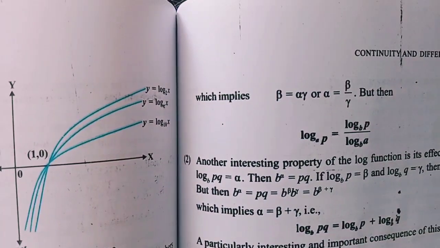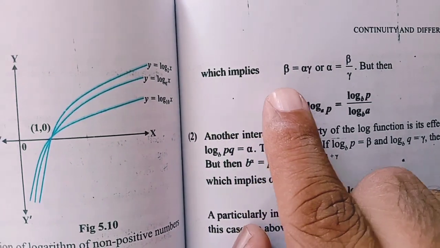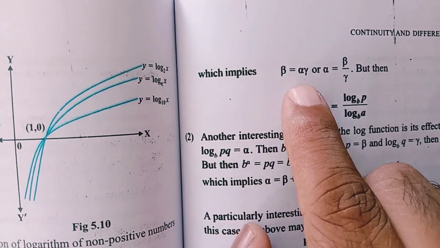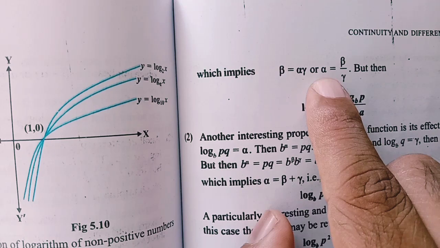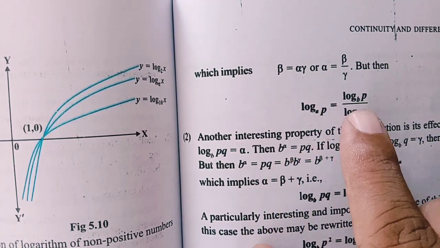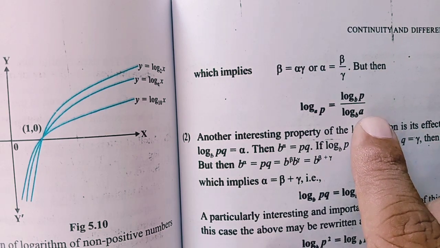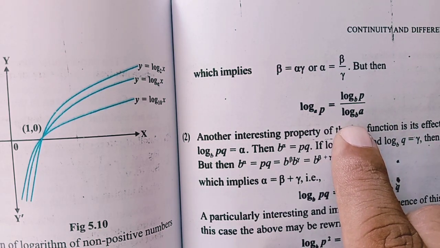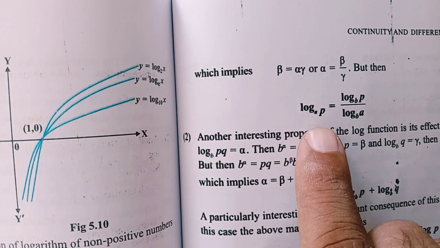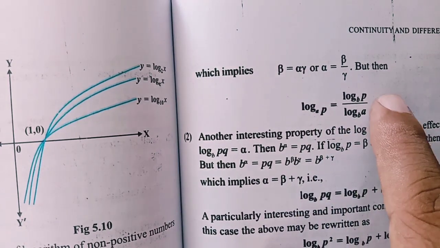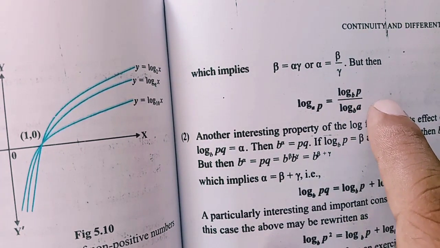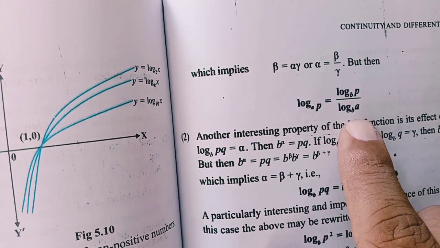Since the bases are the same, the powers are equal: beta equals gamma alpha, and so alpha equals beta by gamma. That means log p to the base a equals log p to the base b upon log a to the base b.